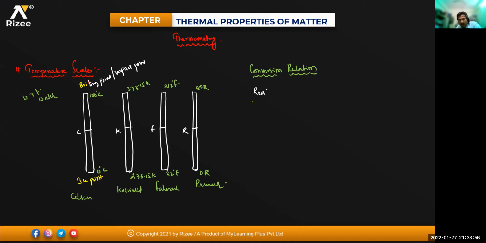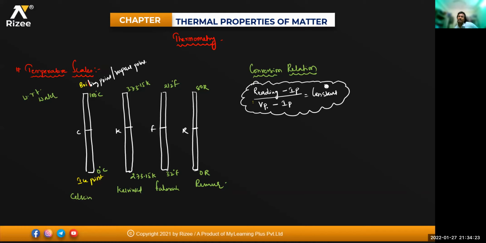We will always write the reading minus your ice point, divided by your vapor point minus your ice point, must be equal to a constant. So in the conversion relation, what are you using? Reading minus ice point divided by vapor point minus ice point.